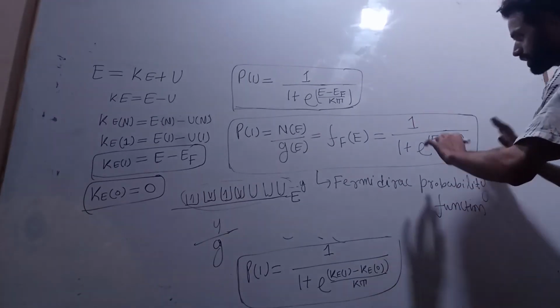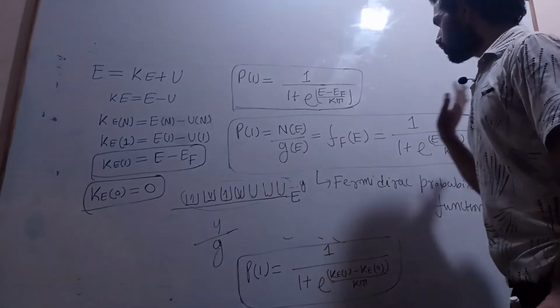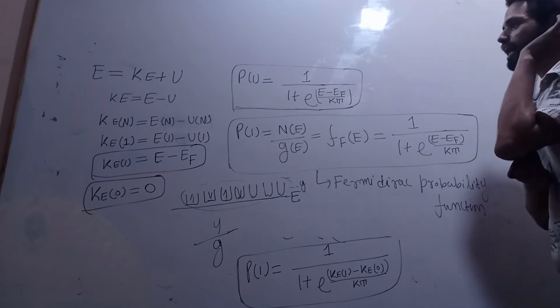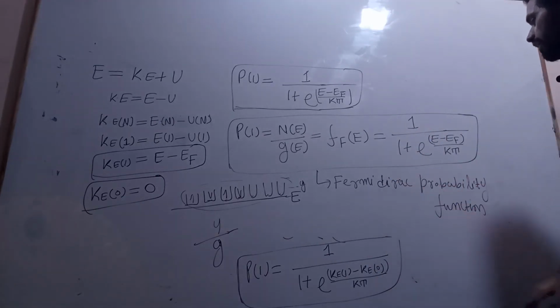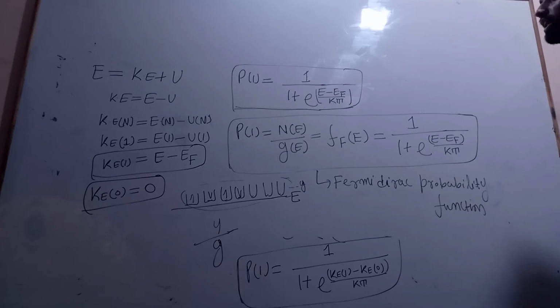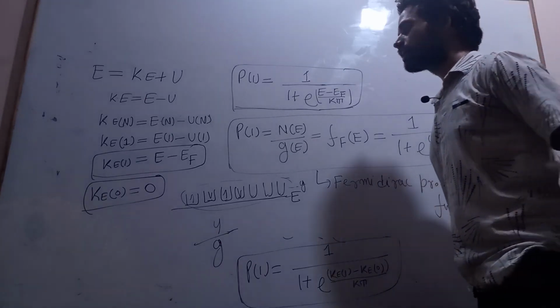From this definition we now understand the exact meaning of this Fermi Dirac probability function. It determines the probability that the given quantum state, present in energy level E, is occupied by an electron.